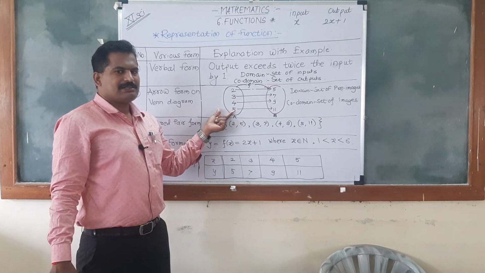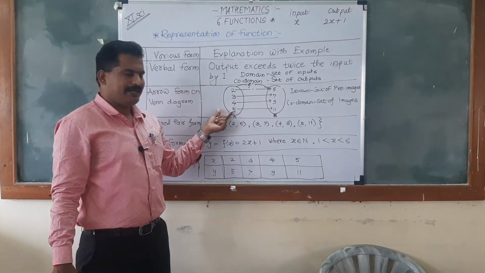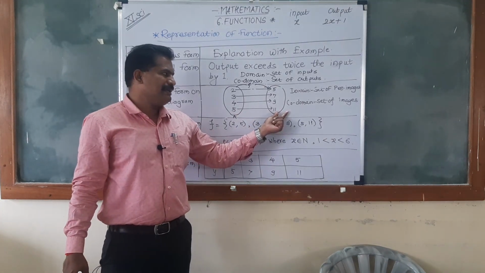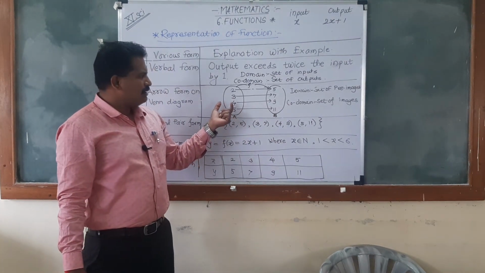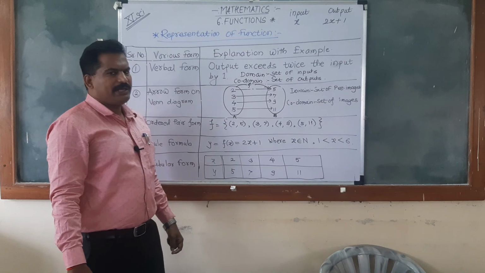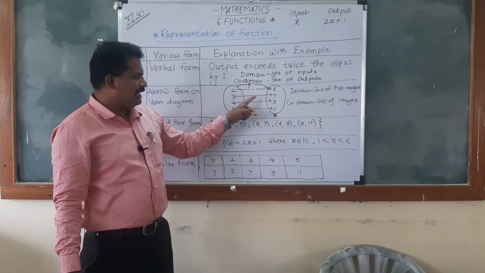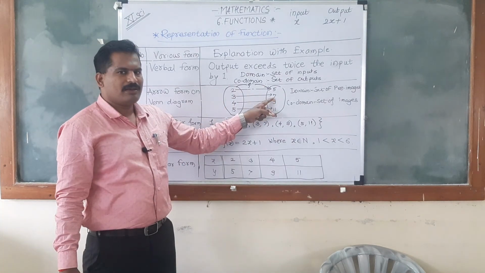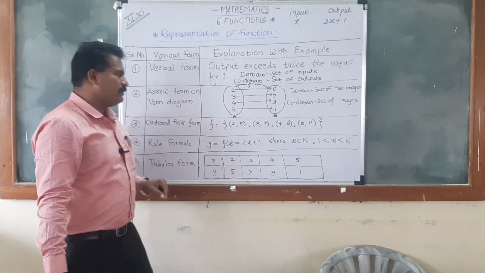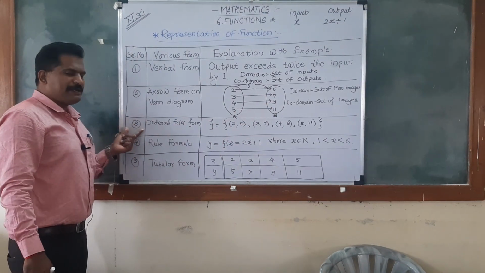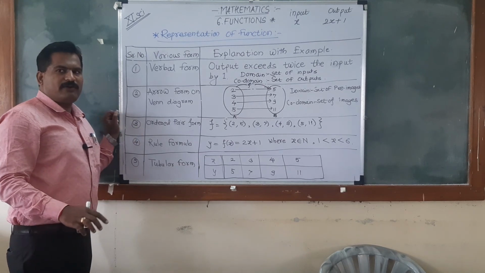All pre-images should be contained in the domain and images contained in the codomain. It is a very simple, pictorial representation. This arrow represents the mapping from domain to codomain.